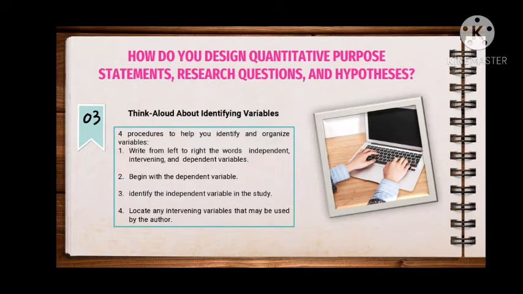The second one is start with the dependent variable. The third one is identify the independent variable, and the last one is allocate any intervening variables that may be used by the authors.